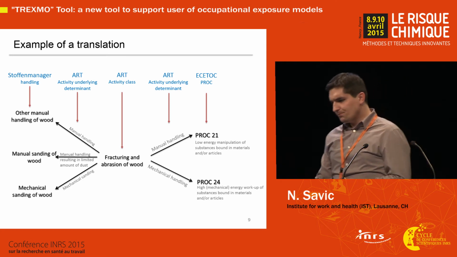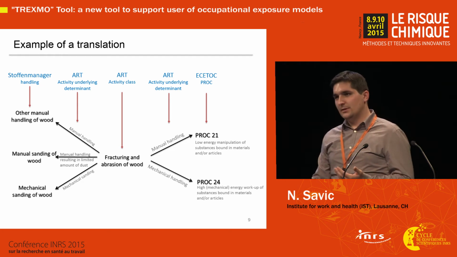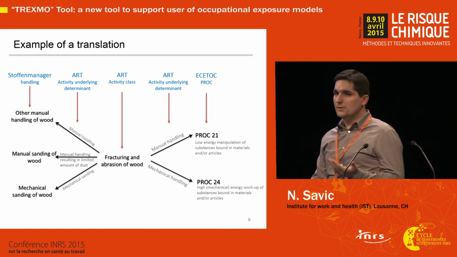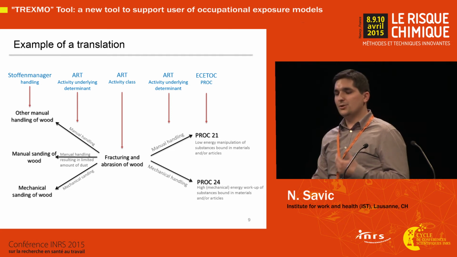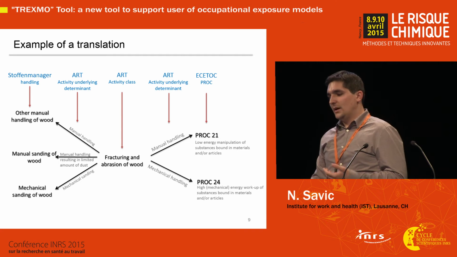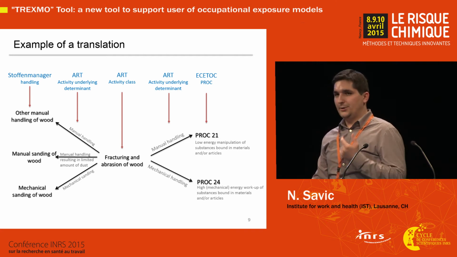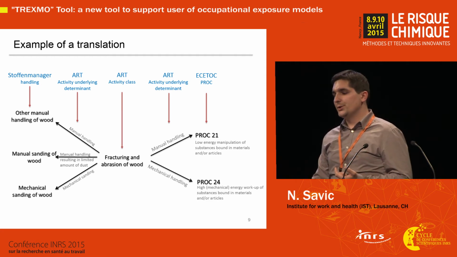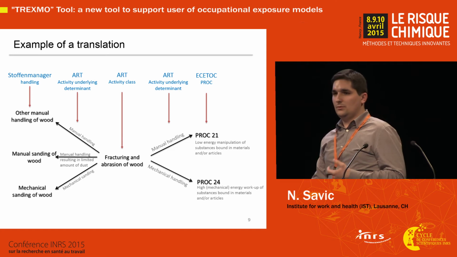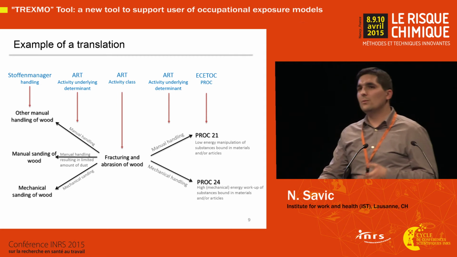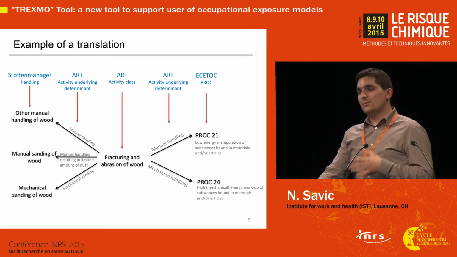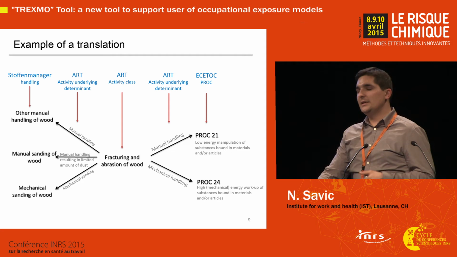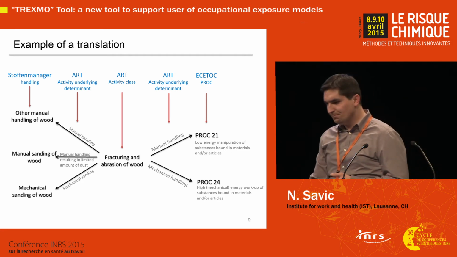So, for example, if the user gives the activity class fracture and abrasion of wood in RT and the underlying descriptor given by the user is manual handling, this system suggests to the user to code process category 21 if he wants to get exposure prediction output from the EasyDoc model or metal seals.